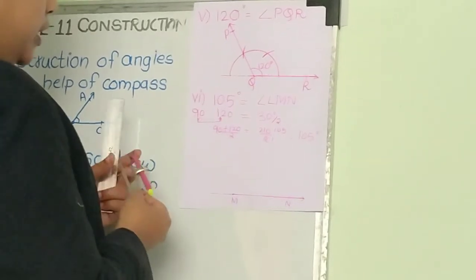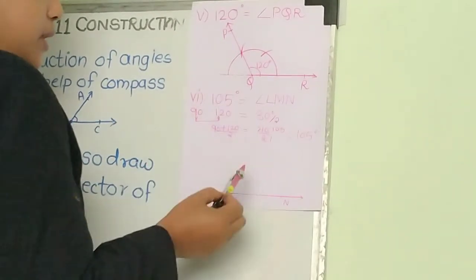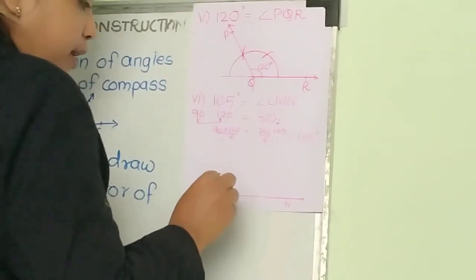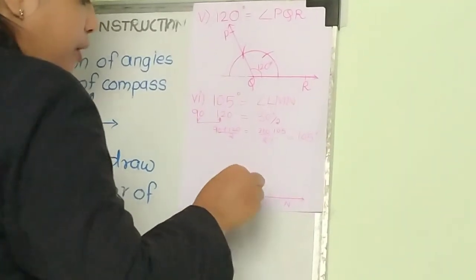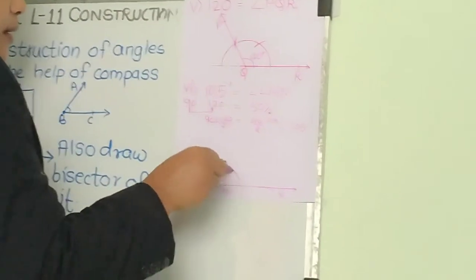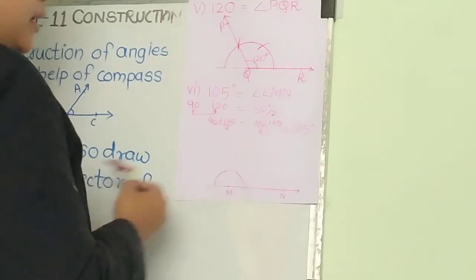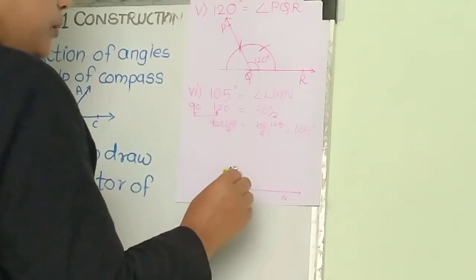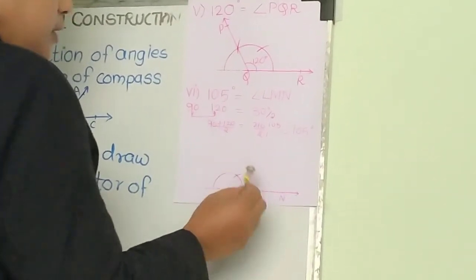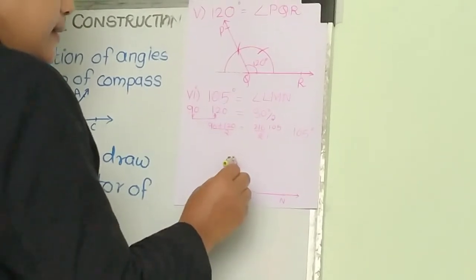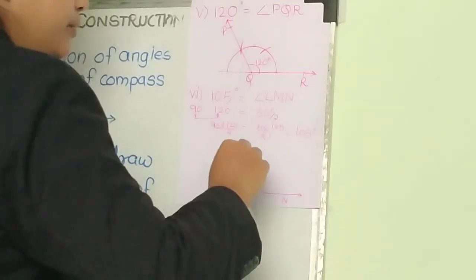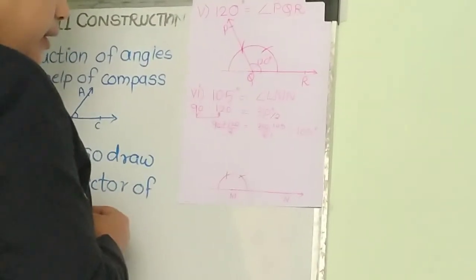After that we take some distance, and from point M we draw the semicircle. First arc is of 60 degrees, the second arc is of 120 degrees.